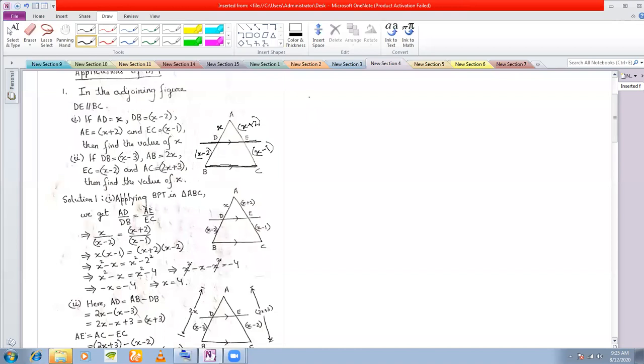Therefore, by basic proportionality theorem, I can write this side AD by this side DB must be equal to this side AE by this side EC. Okay, so now you simply put the values. X by X minus 2 is equal to X plus 2 by X minus 1. And now you solve this equation.